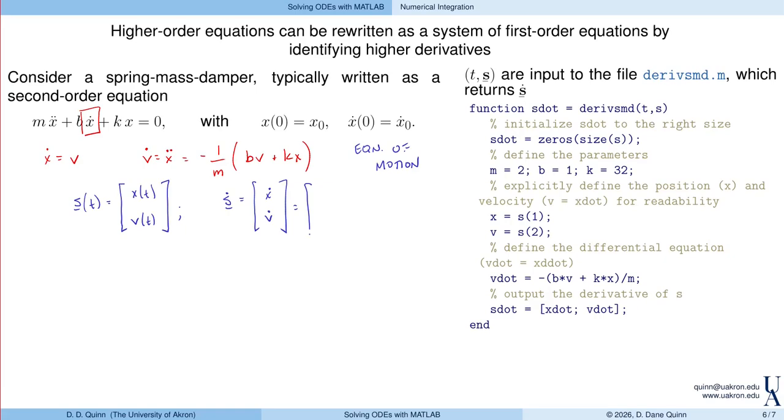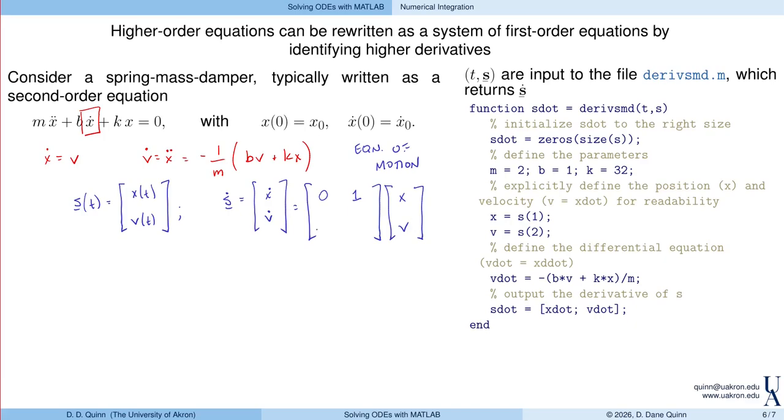Right, so here I can actually write this as a matrix. x dot is equal to v. Right, so really I'm going to write this as a matrix times the state itself, right? Because remember, the state is x and v, right? So here, x dot is equal to, well, it's 0 times x plus 1 times v, right?